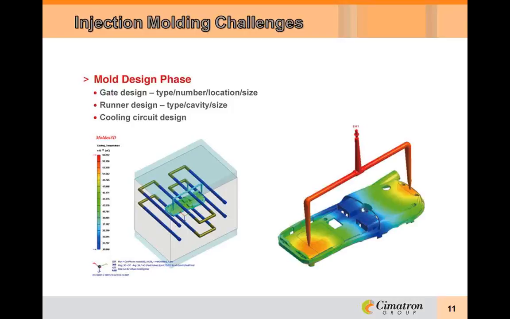This places an enormous challenge on the mold designer. eDesign supplies the tools to help evaluate the size and layout of the runner system, gate location and type, adequate cooling circuit, and appropriate number of cavities.